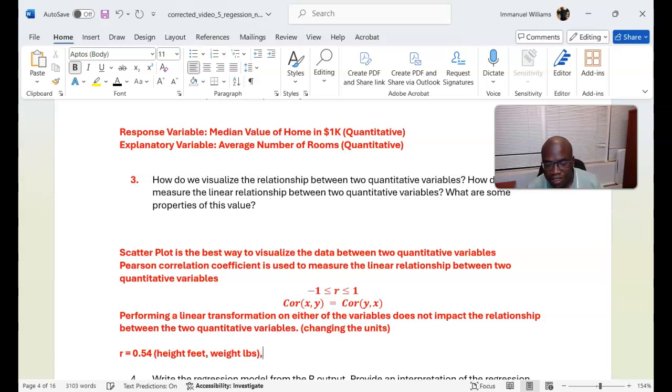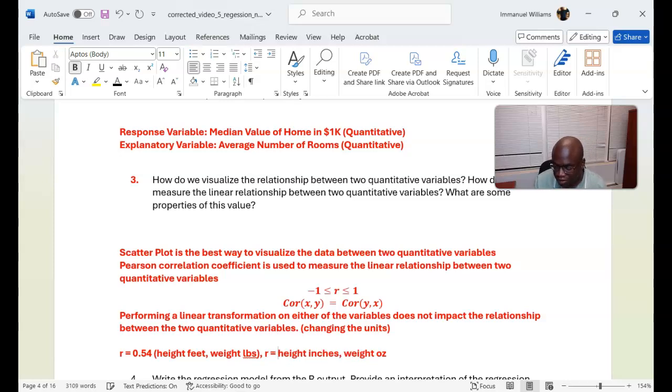If I were to use the same sample data, and I had the height measured in inches and the weight measured in ounces of the same exact individuals, guess what my correlation is going to be?